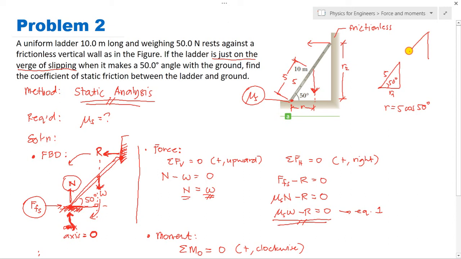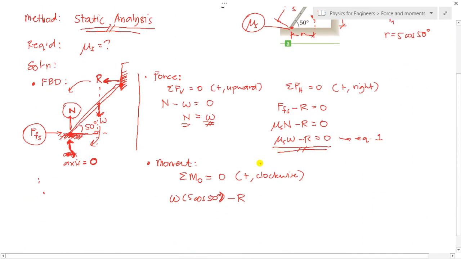Di ba right triangle? Then this is 50 and this is R2. This is 10, di ba? So R2 is 10 sine 50 degrees. So okay, 10 sine 50. So we have here minus R, then 10.